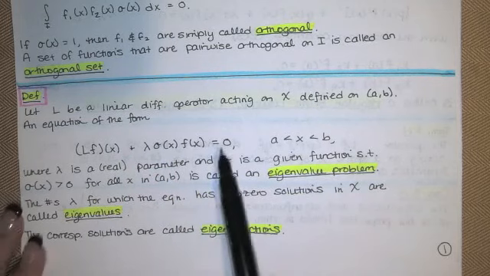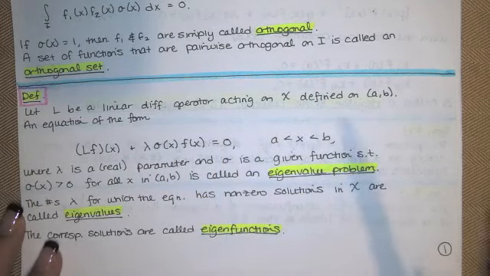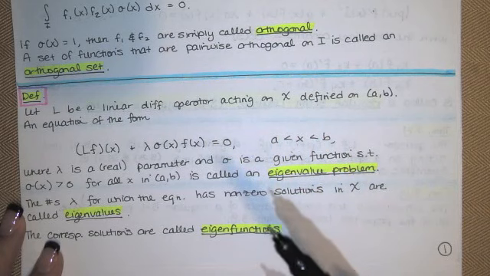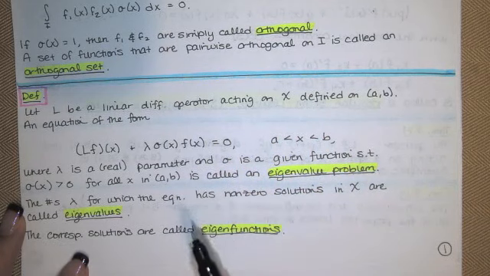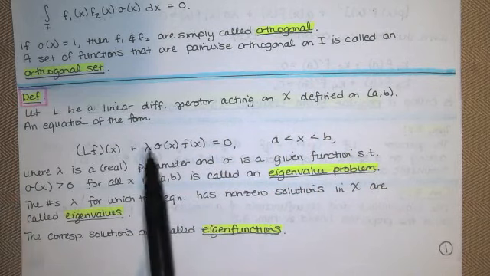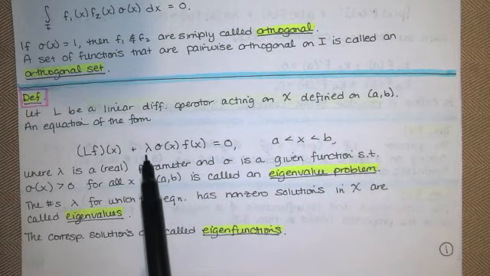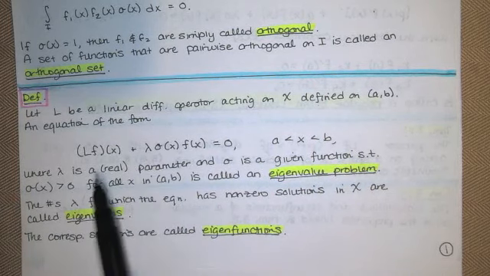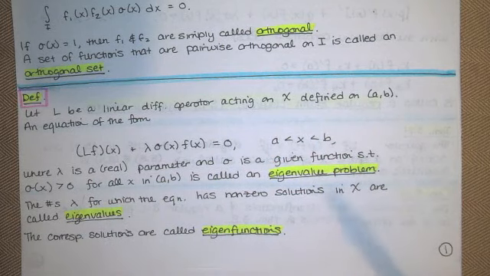So our goal in solving this is not just to find the general solution of the differential equation, it's to find non-zero solutions to the differential equation, which are called eigenfunctions, that correspond to particular values of this parameter, and those values of the parameter are called eigenvalues. So that's the goal.